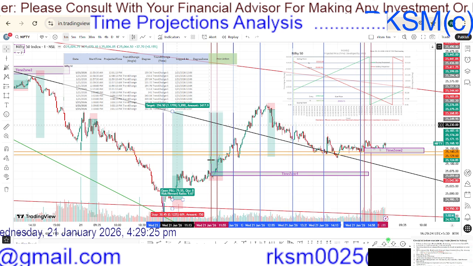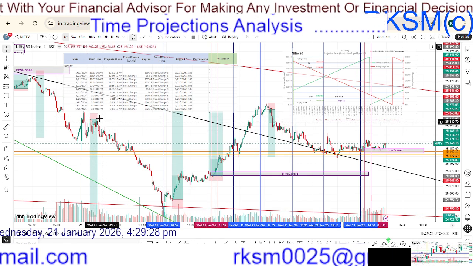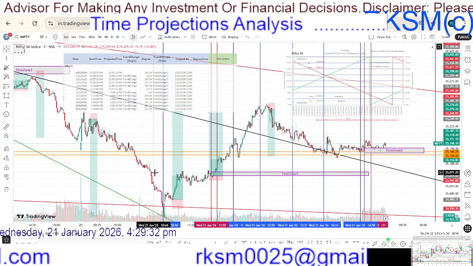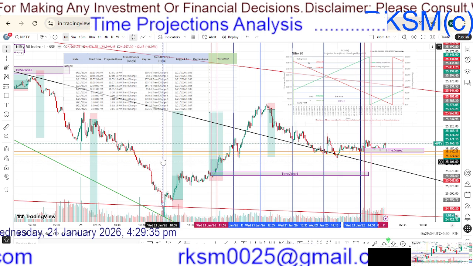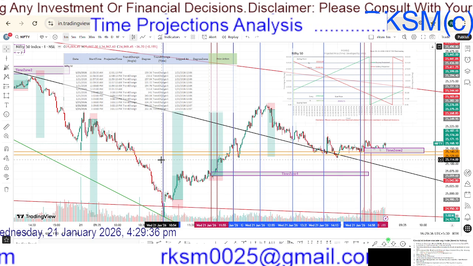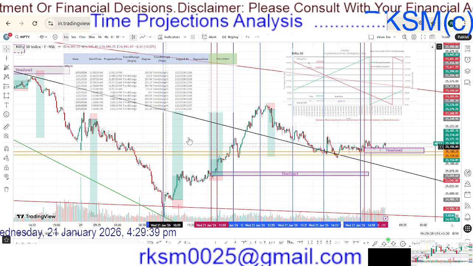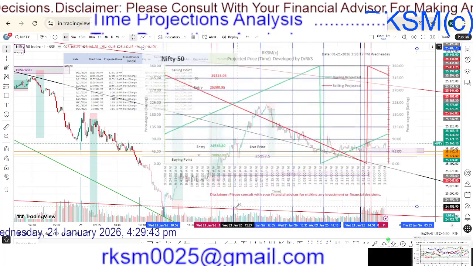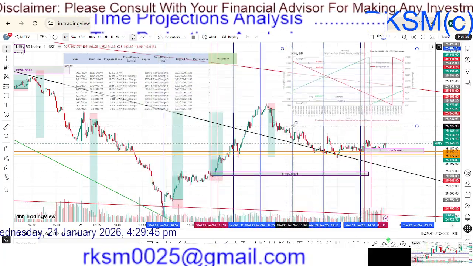But here our system is giving the selling side. We were on the selling side till when? Till this time. This is also a very important time window, the first vertical line, which our other system gives. Suppose this is the price-time system.